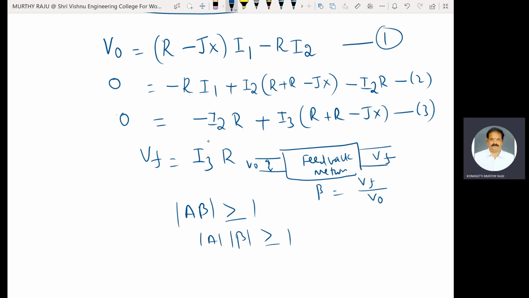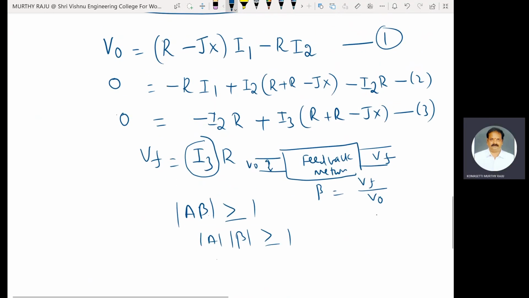First of all, we have to calculate the I3 current using these three equations, by using Cramer's rule. After that Vf is calculated, beta is equal to Vf by V naught, and beta is substituted here. We will get the mod A value.